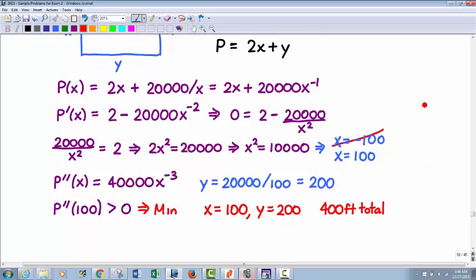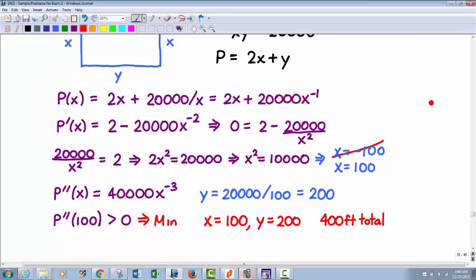Now, just for grins, I did this here. You usually aren't required to show this, but you might ask, how do we know for sure that that produced a minimum? You could use the first derivative rules with sign charts, but I just used the second derivative test. The derivative of the first derivative is positive 40,000 x to the -3.